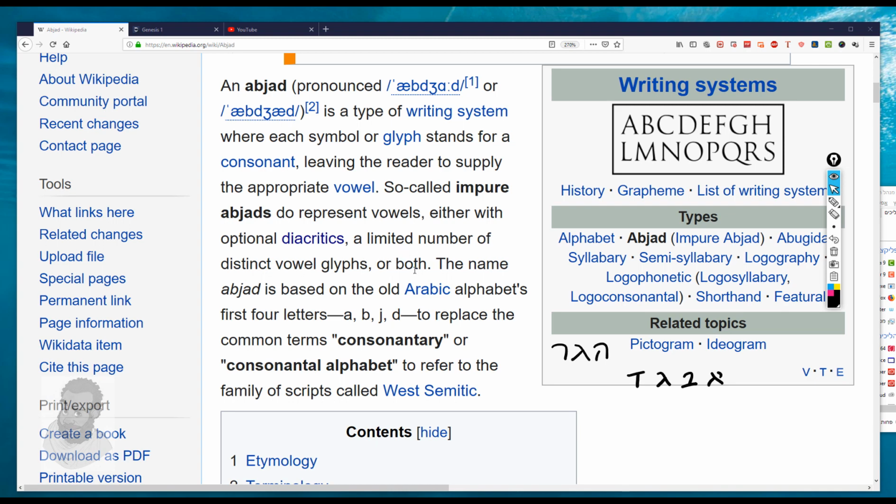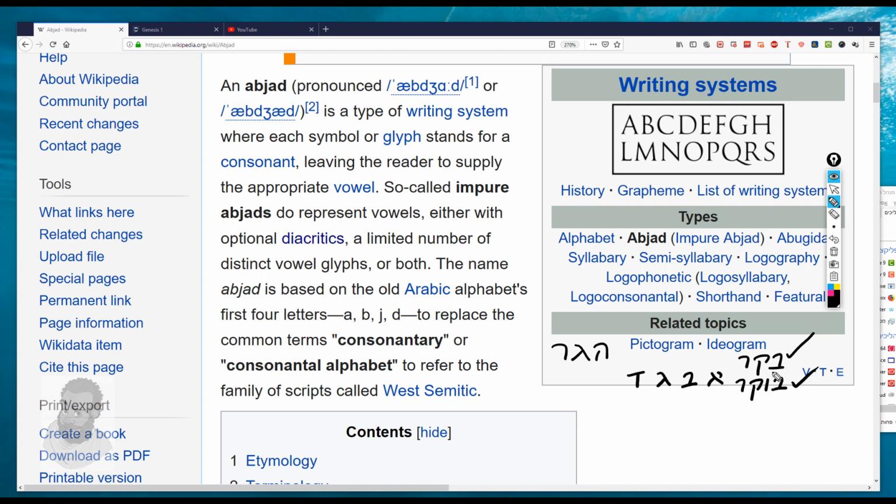So-called impure abjads do represent vowels, either with optional diacritics, a limited number of distinct vowel glyphs, or both. So let's say if I have this, right? Beth, kaf, rish. This will be pure, this will be impure.